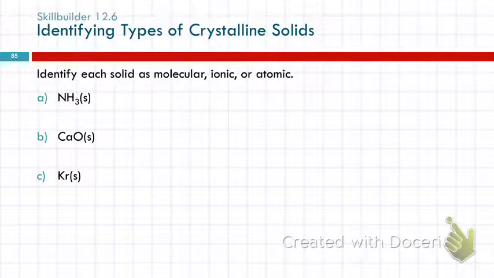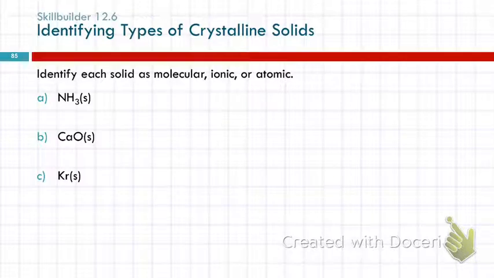This is the sort of question we need to be able to answer. Identify each as molecular, ionic, or atomic. This is actually much easier than it may sound. Is it an element? Is it an ionic compound? Is it a molecular compound? So if it's an element, there's only one capital letter. If there's more than one capital letter, then we have to ask ourselves, is it molecular or ionic?